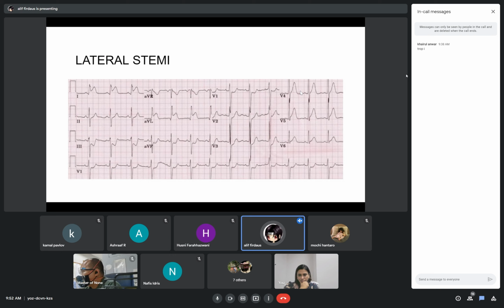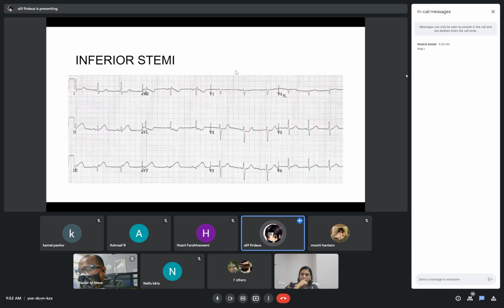And then the reciprocal ST depression we can see in the inferior leads, lead 3 and lead AVF. We could see the ST depression, the reciprocal changes.